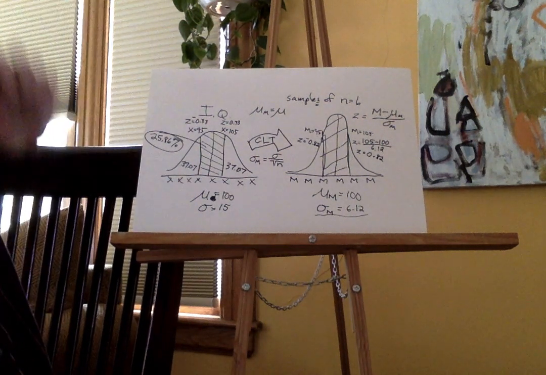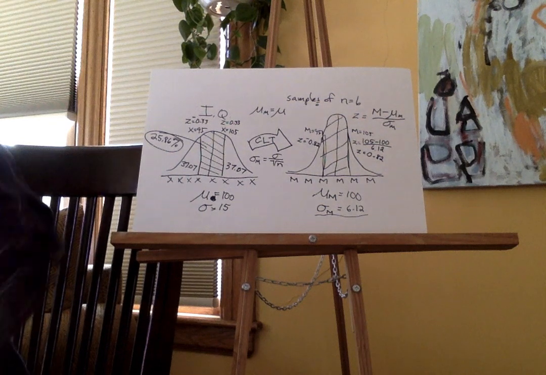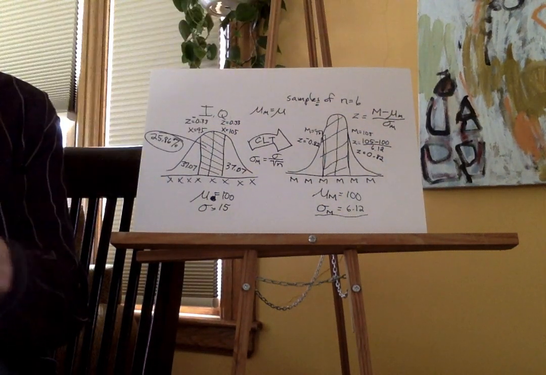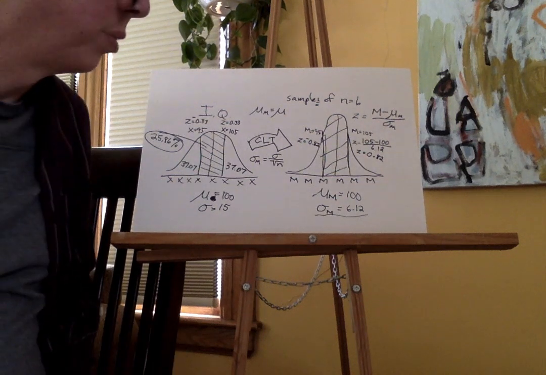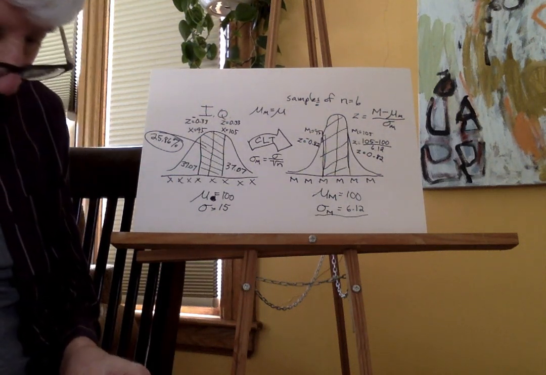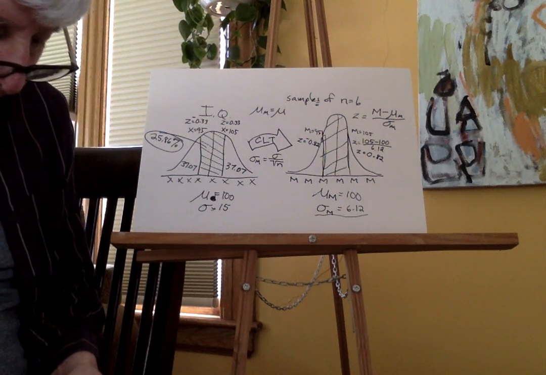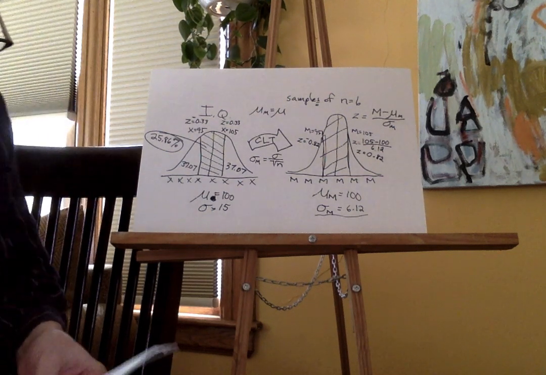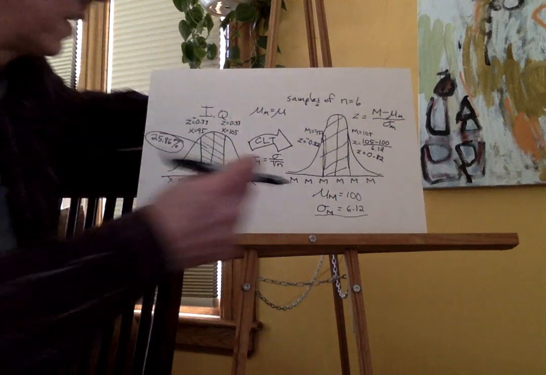So let me go back to my z-score table. What is it? 0.82. 0.82. And once again, I'm going to get the tail for 0.82. 20.61.